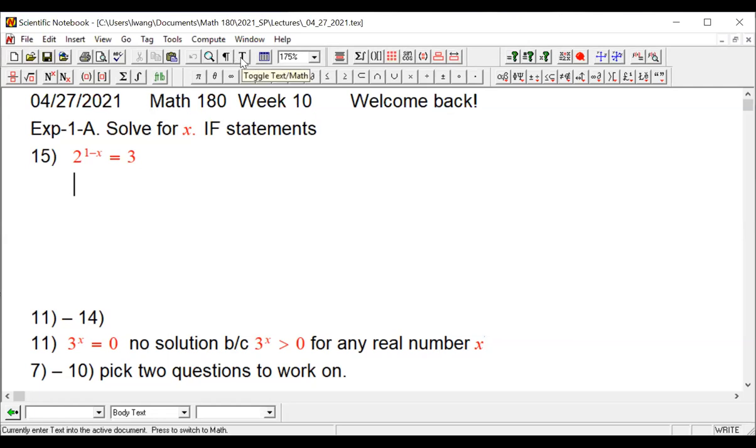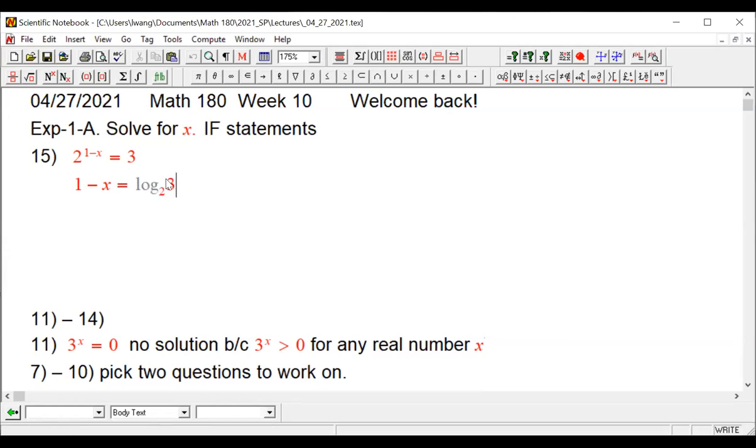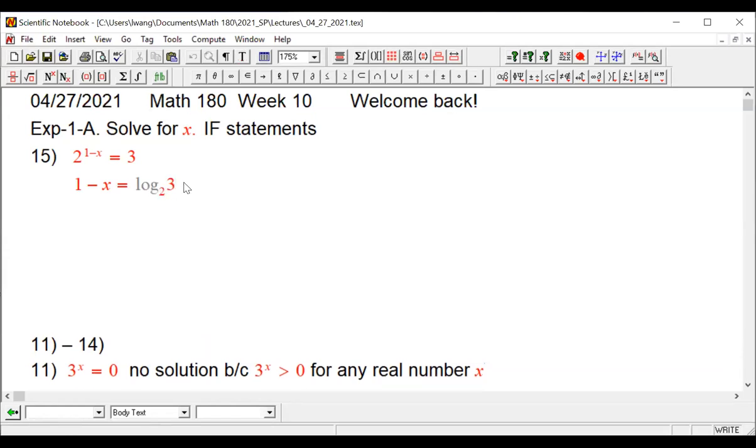If I use the definition, 1 minus x will equal log base 2 of 3. Then I add x on both sides and subtract the log base 2 of 3. So x equals 1 minus log base 2 of 3.